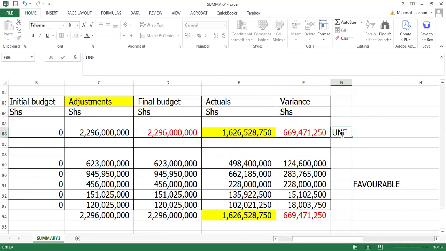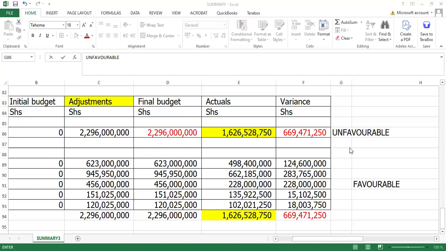This is unfavorable. So my question is, do I have to hint that in terms of revenue, the variance is unfavorable? Do I have to expound on that and talk about it, or can I just stick to the numbers? No, you don't need that.